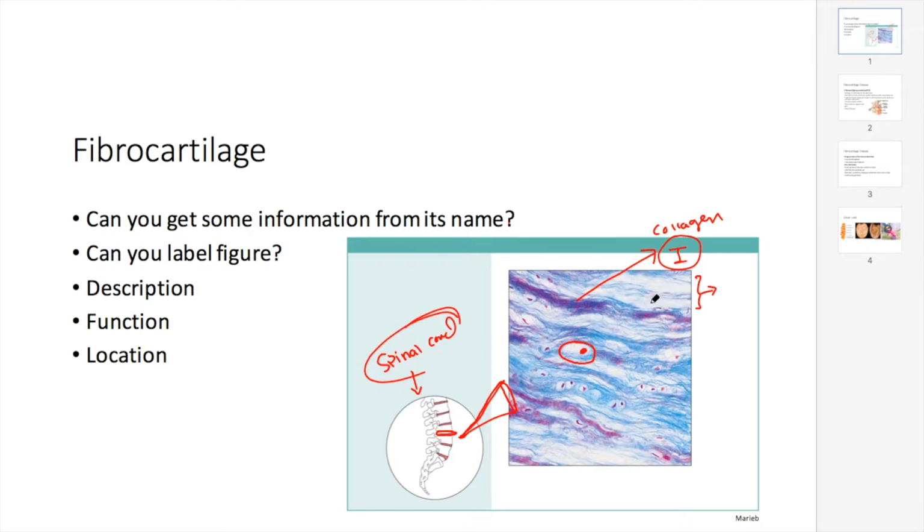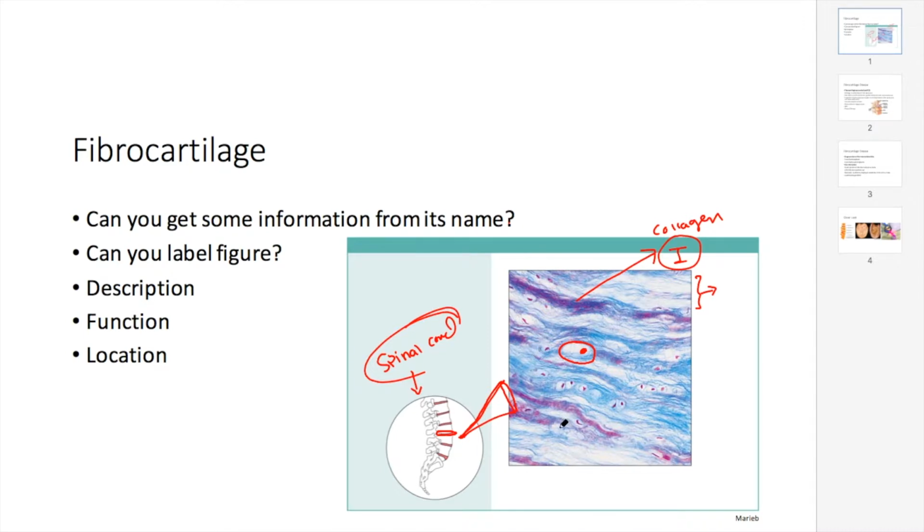But perichondrium is the dense irregular connective tissue that surrounds the cartilage. In this case it is not clear, but I'm going to consider the outer part as perichondrium. So that's about the labeling of the diagram.